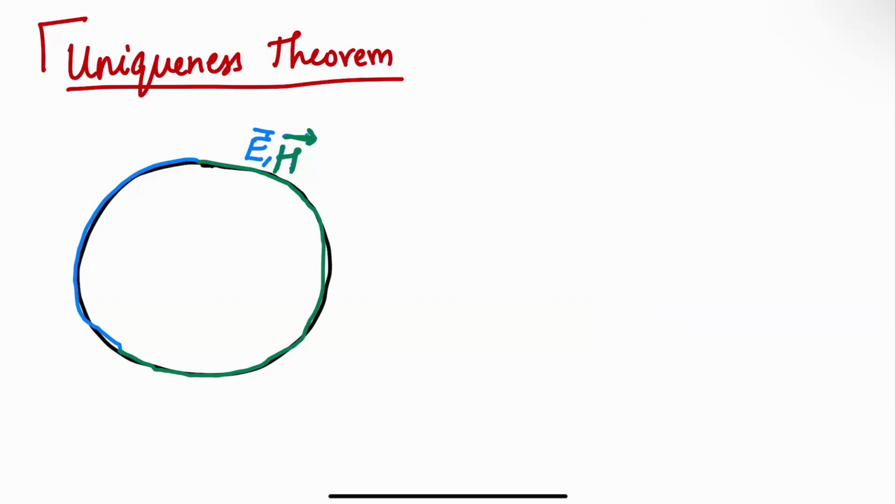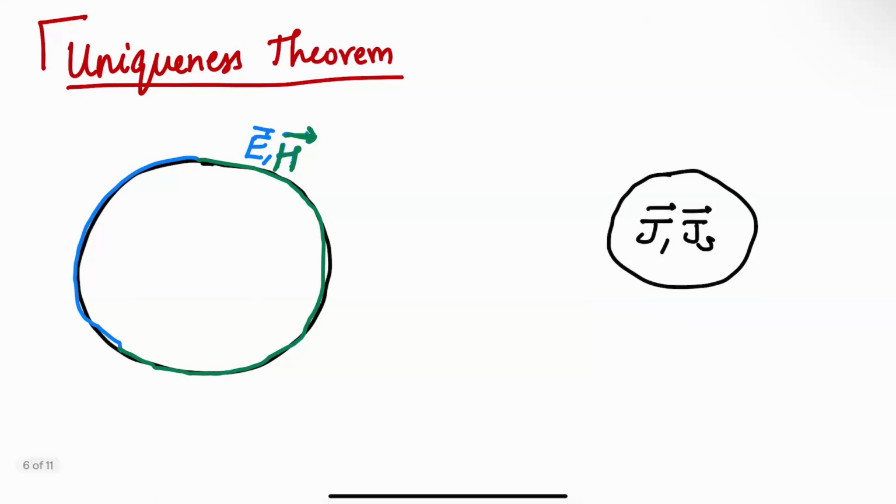Okay, so what are the consequences of uniqueness? One of the consequences is that, let's say I have some sources, J and JS, and I bound them in some volume. Now I can take another bigger volume outside. So let's use maybe gray.